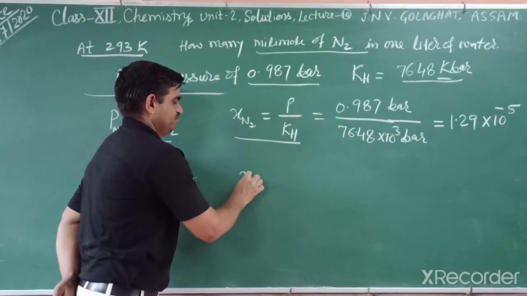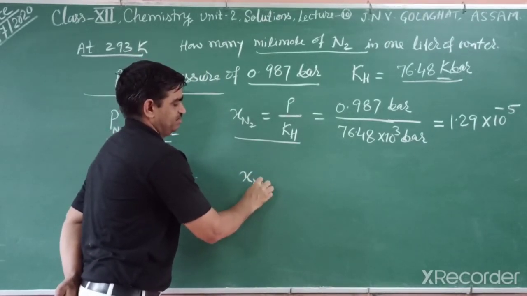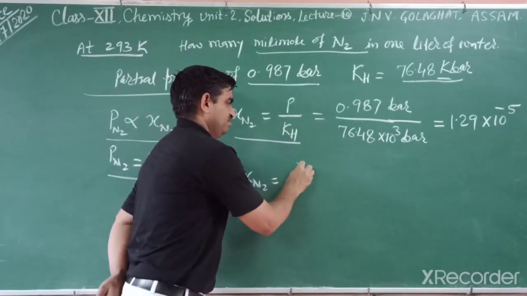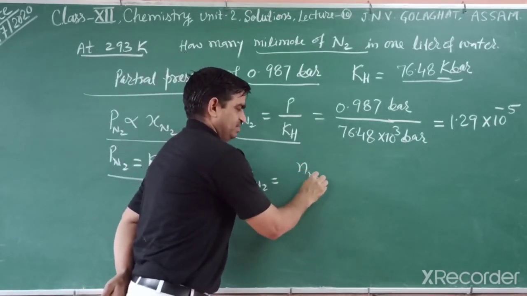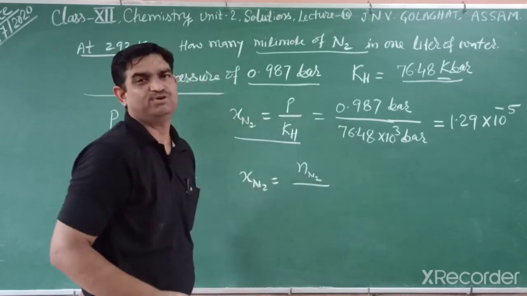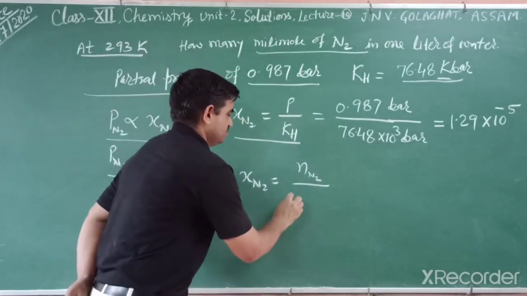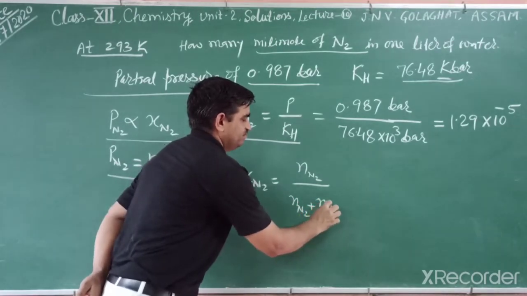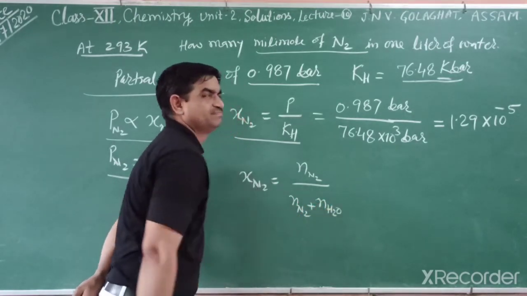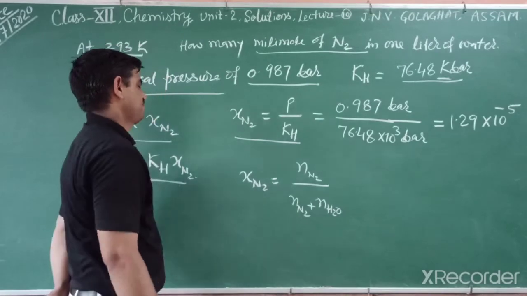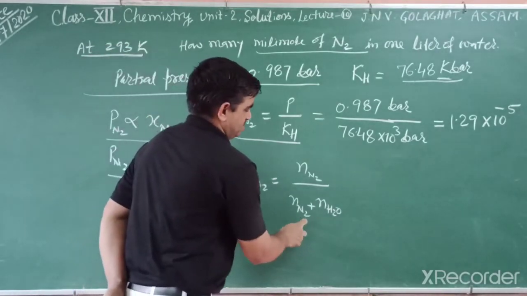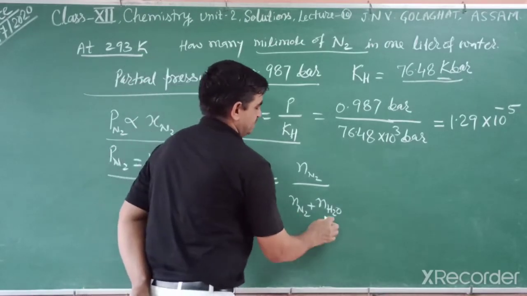Again, we know the mole fraction of nitrogen is the moles of nitrogen divided by the total moles, and total moles means moles of nitrogen plus moles of water.